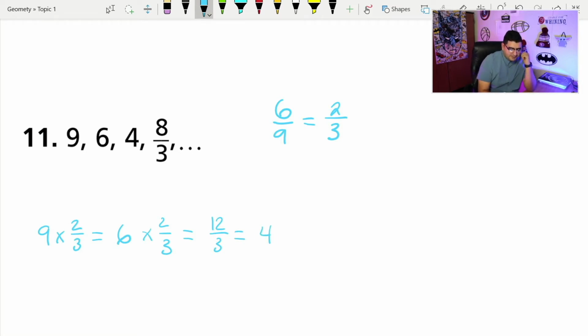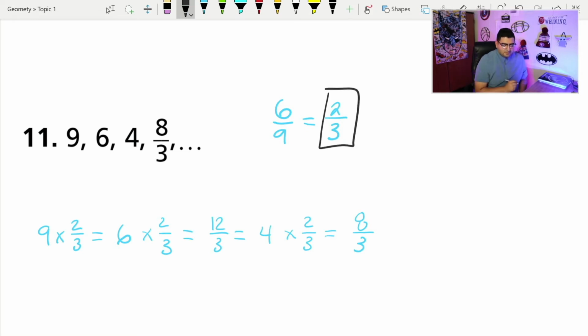And multiplying 4 by 2/3 results in 8/3. So now I know they're multiplying by 2/3. So in order to find the next three numbers, I simply have to continue to multiply by 2/3. Their pattern was multiply by 2/3.